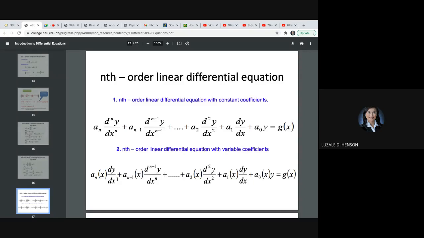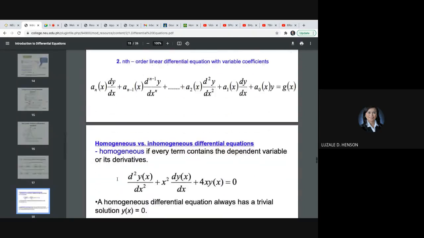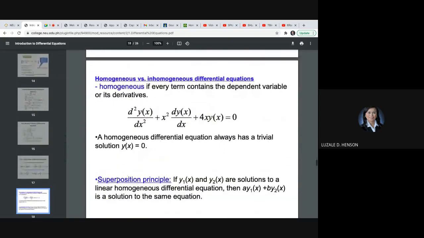Tawag yan, nth order. Now, let us identify if it is homogeneous or non-homogeneous. The differential equation is homogeneous if every term contains the dependent variable or its derivative. Every term, you inspect every term. Does it contain the dependent variable or its derivative? So may derivative of y tayo. Tapos, okay, correct.